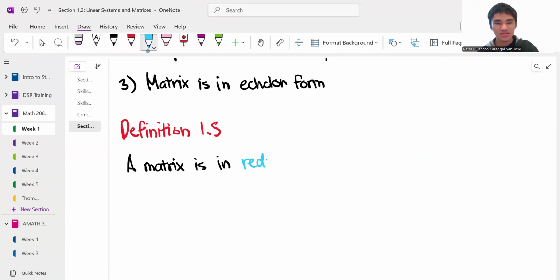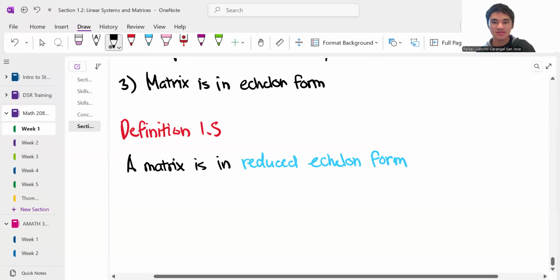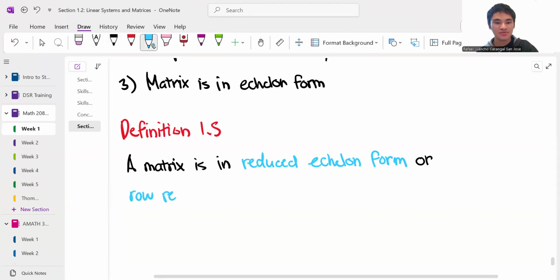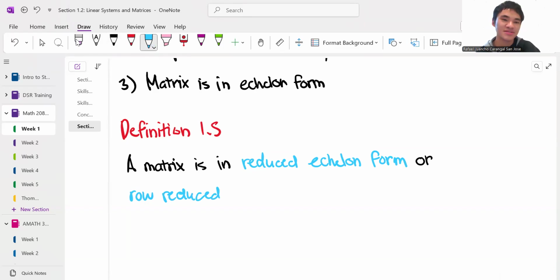So here's the thing. It's in reduced echelon form. We have an echelon form and we have a reduced echelon form. Or another way we call it, row reduced. Or shoot, did I mix it up? Oh shoot, I mixed it up.